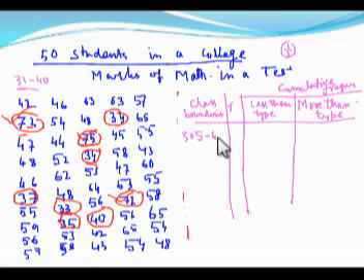So this will be 30.5 to 40.5, and its frequency is 6. Then the class limits were 41 to 50, so it will be 40.5 to 50.5, and its frequency was 40.